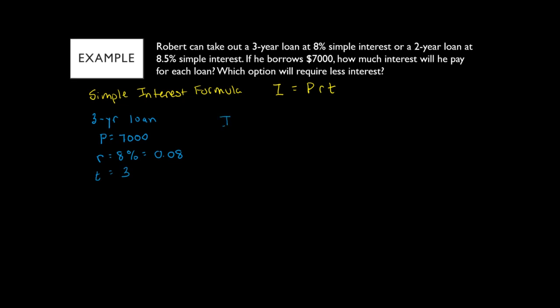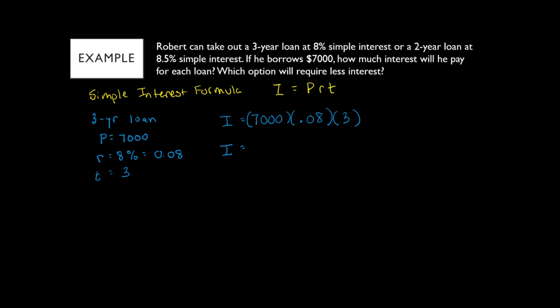I'm going to plug it into the formula because the question says, how much interest will you pay? So our formula will tell us how much interest we're paying. It's PRT, and these are all multiplied. So you're going to have $7,000, because that's your principal, multiplied by your rate, 0.08, and then by the number of years of the loan, which is 3.